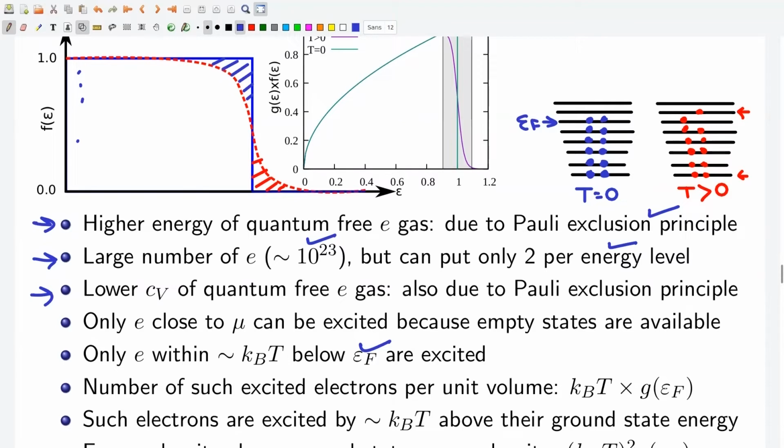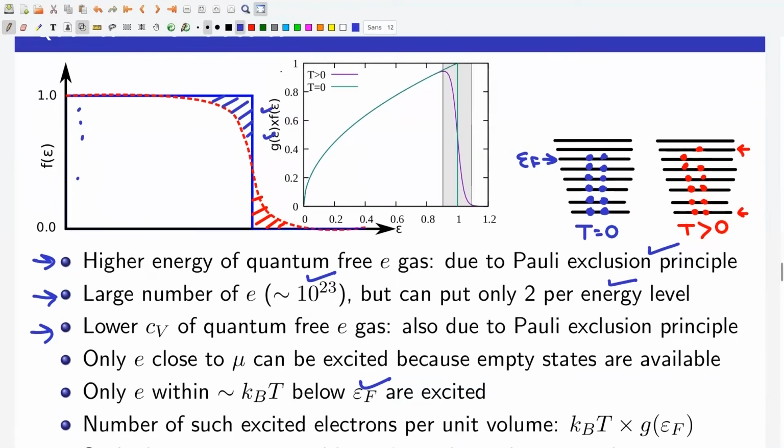If we consider the plot of energy versus the density of states times the Fermi function, we have already seen this plot before. The number of electrons is given by the area under the curve. Thus, the number of such excited electrons is approximately the area under the shaded region. This is where this plot differs from the ground state curve.